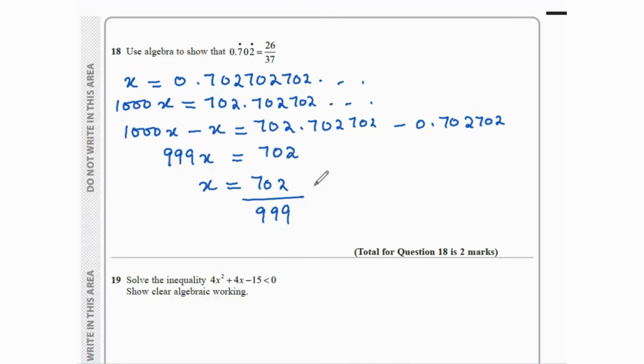Both come in the 9 times table, so if we simplify, 702 divided by 9 is 78, and 999 divided by 9 is 111. Again, we can divide both by 3. 78 divided by 3 is 26, and 111 divided by 3 is 37, which is exactly the same as the fraction in the question.